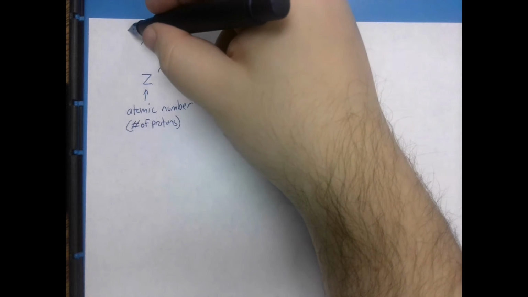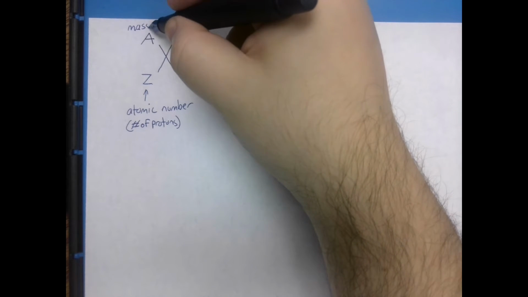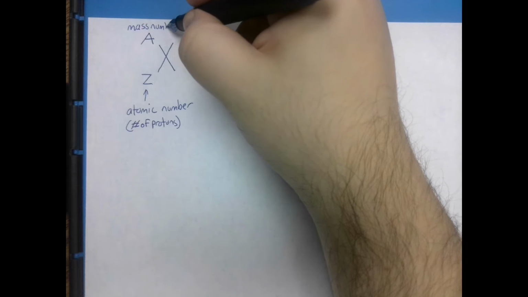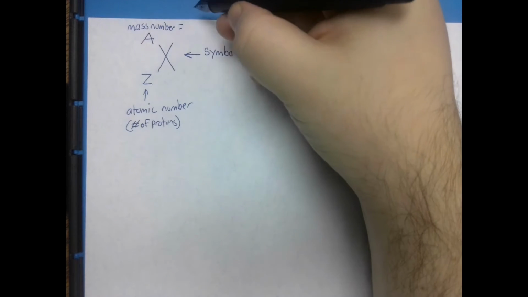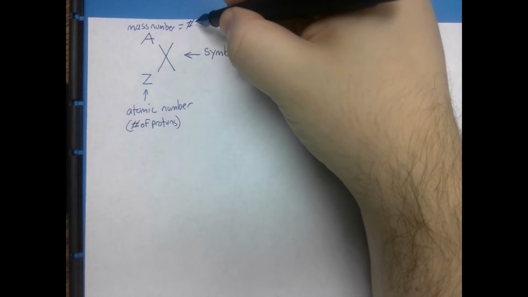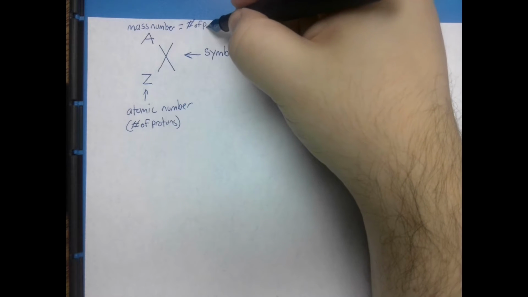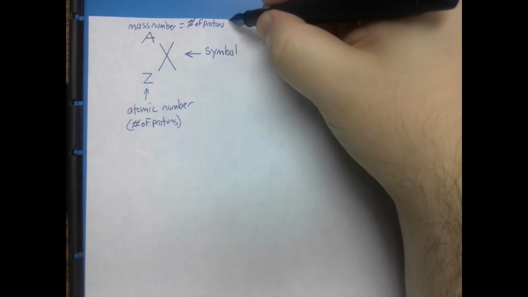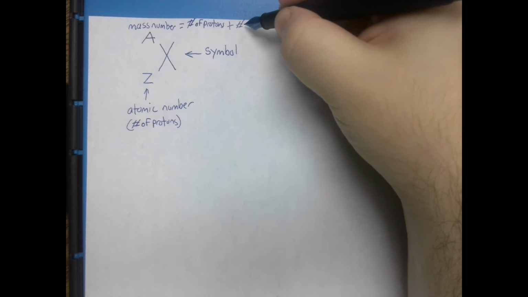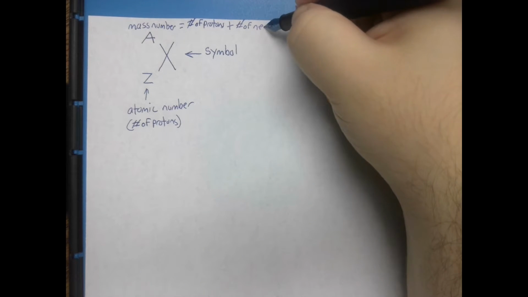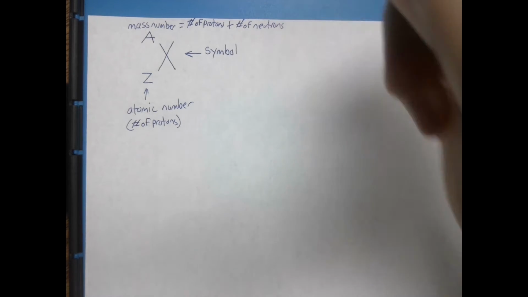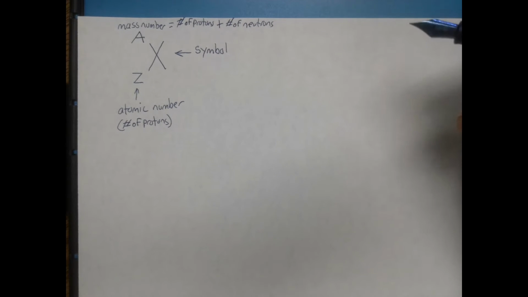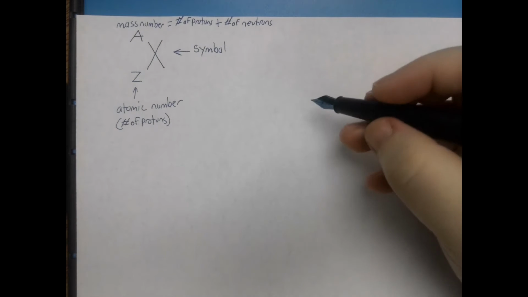And this is the mass number, which is equal to number of protons plus number of neutrons. We have some special cases.